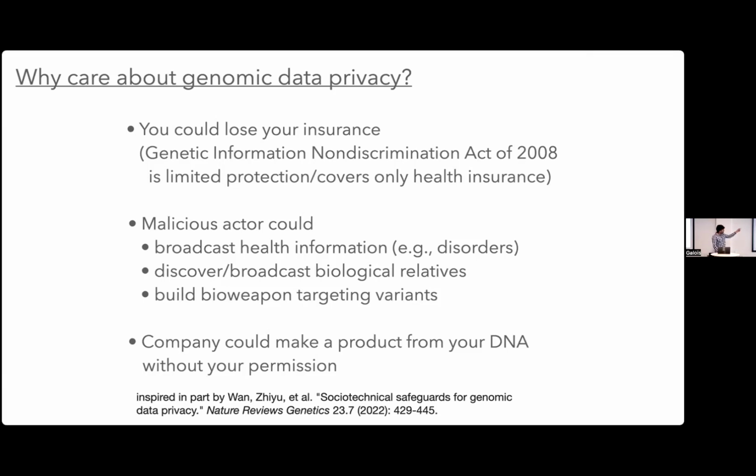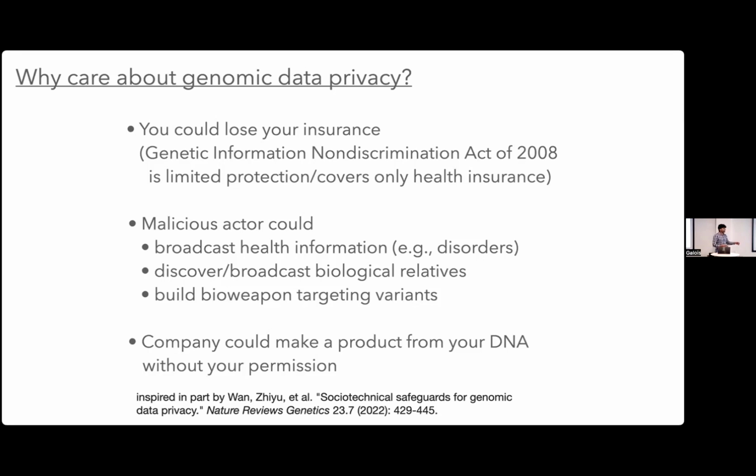Now, two, a malicious actor who has access to your genomic data can broadcast health information inferred from your variants, like disorders. They can discover or broadcast your biological relatives, which may be undesirable for some individuals. But then there are possibilities that may initially seem outlandish, but may be realized in the not too distant future. You can imagine a malicious actor building a bioweapon that targets specific variants in your genome.